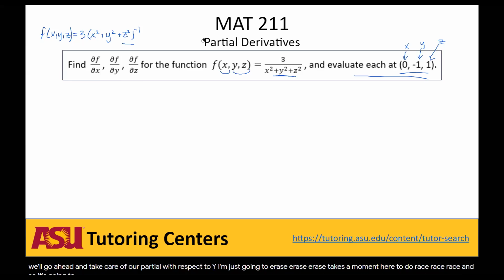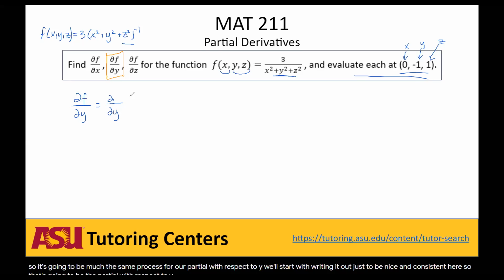And so it's going to be much the same process for our partial with respect to y. We'll start with writing it out just to be nice and consistent here. So that's going to be the partial with respect to y of our function, which again, we'll use this form. So let's make these brackets here just to make it nice looking.